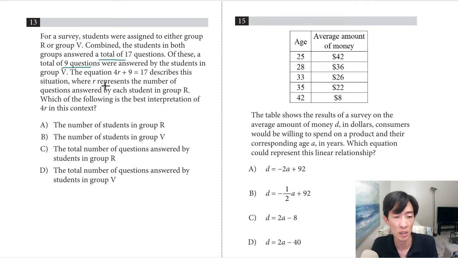So this is fairly easy. What they want you to see is that the equation is listing the total number of questions. So 4R plus 9 equals 17. So 17 is the total questions, 9 is the questions answered by group V. 4R, therefore, has to be the number of questions answered in group R.